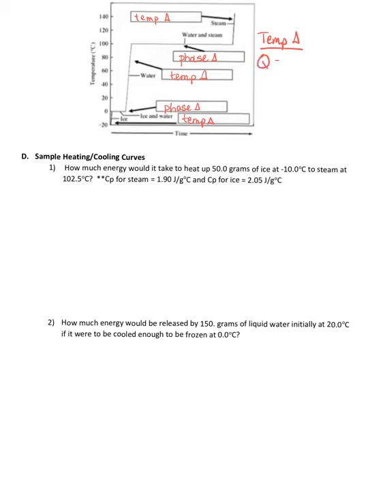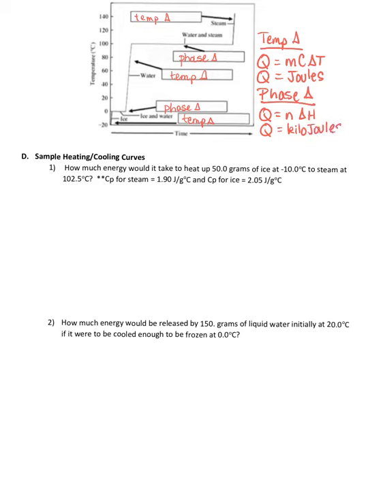you're going to use your equation Q equals mc delta T, and Q is going to be in units of joules. If it is a phase change, Q is going to be n delta H, and Q is probably going to be in units of kilojoules.